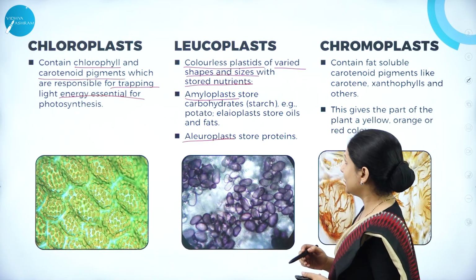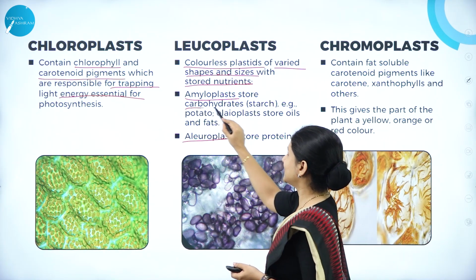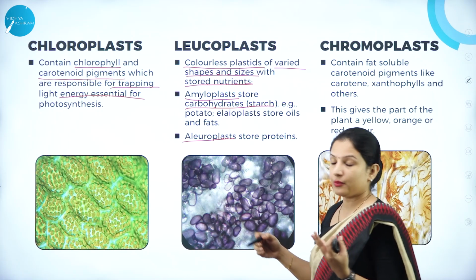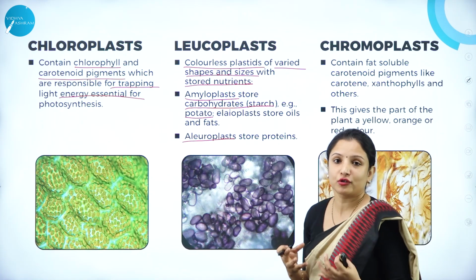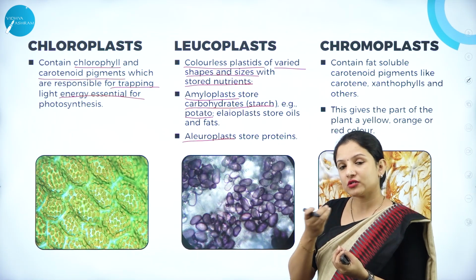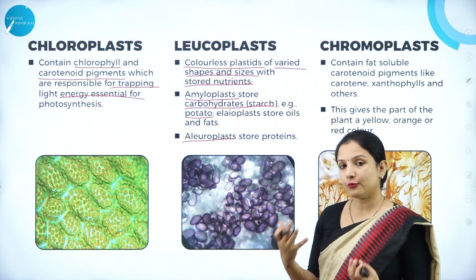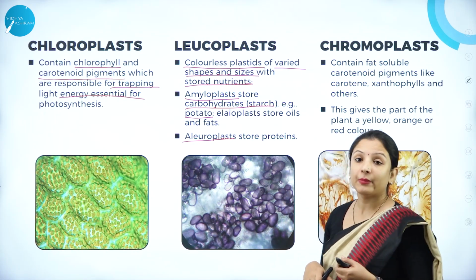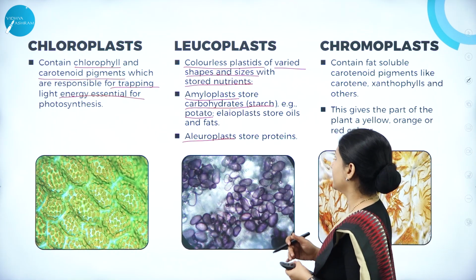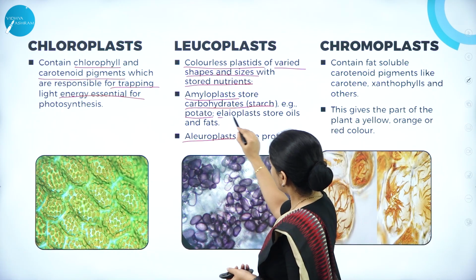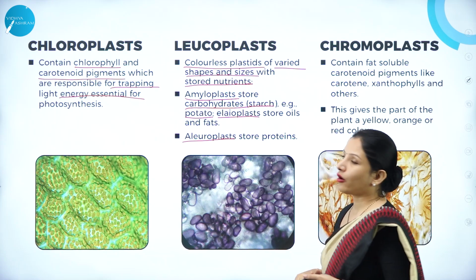Amyloplast stores carbohydrates, that is starch. For example, in potato, because potato contains a lot of starch, if you scrape the cells and observe under the microscope, you can see amyloplasts, that is starch, in them. One more is eleoplast, which stores oils and fats.